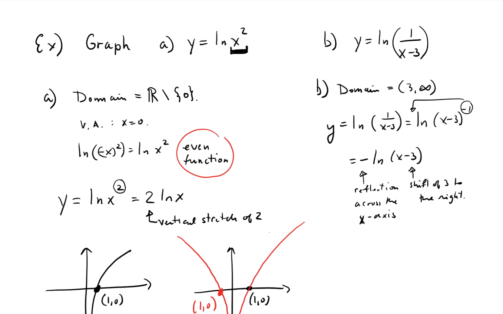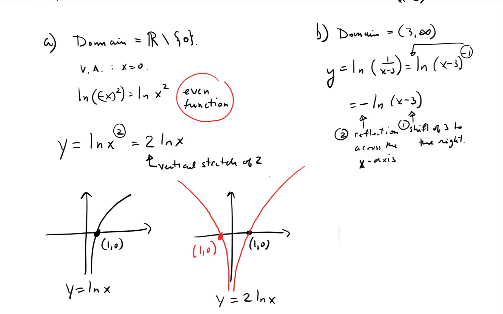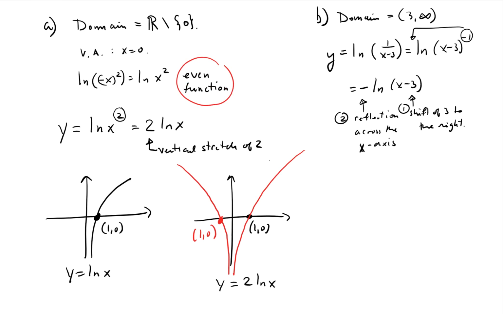Obviously I can shift and then reflect, or reflect and shift. Those will give me the same expression either way. So maybe I'll shift first and then reflect afterwards. But it doesn't matter.